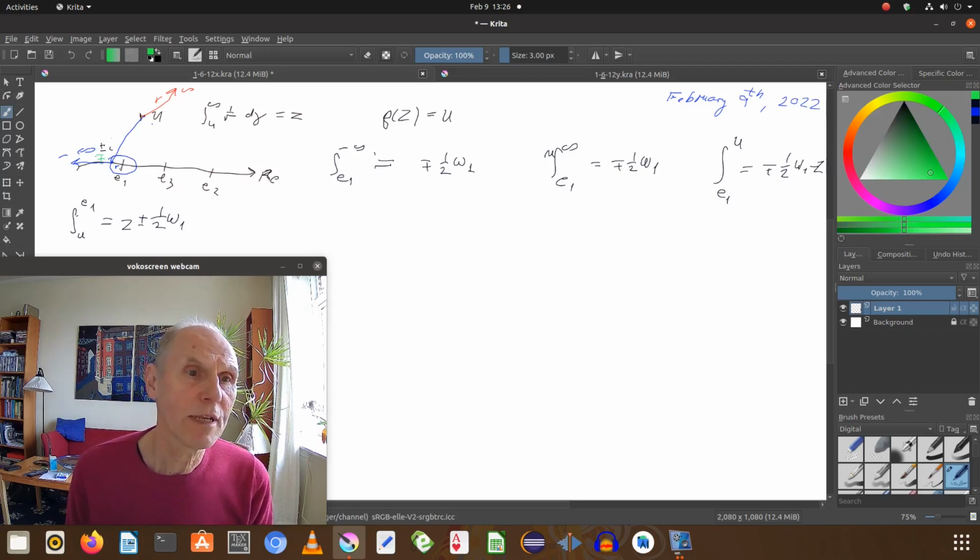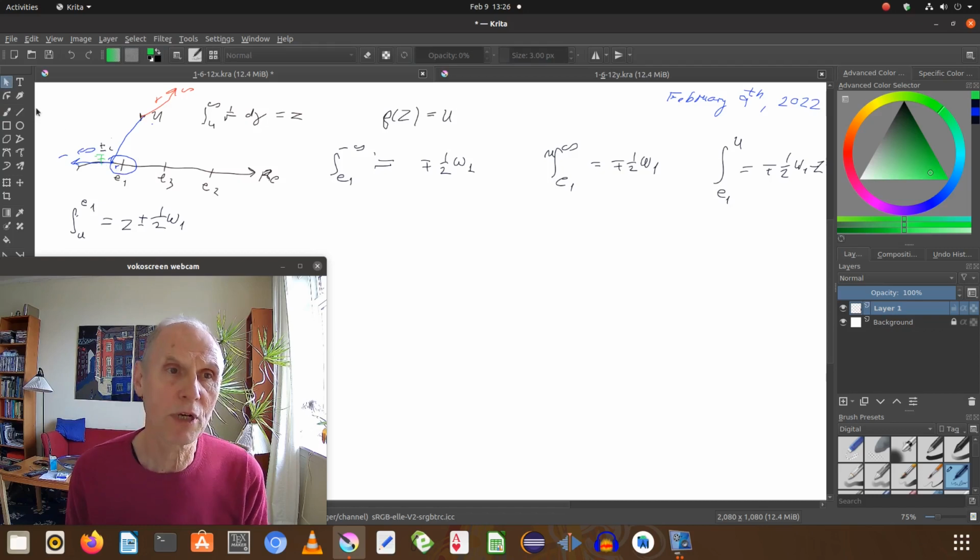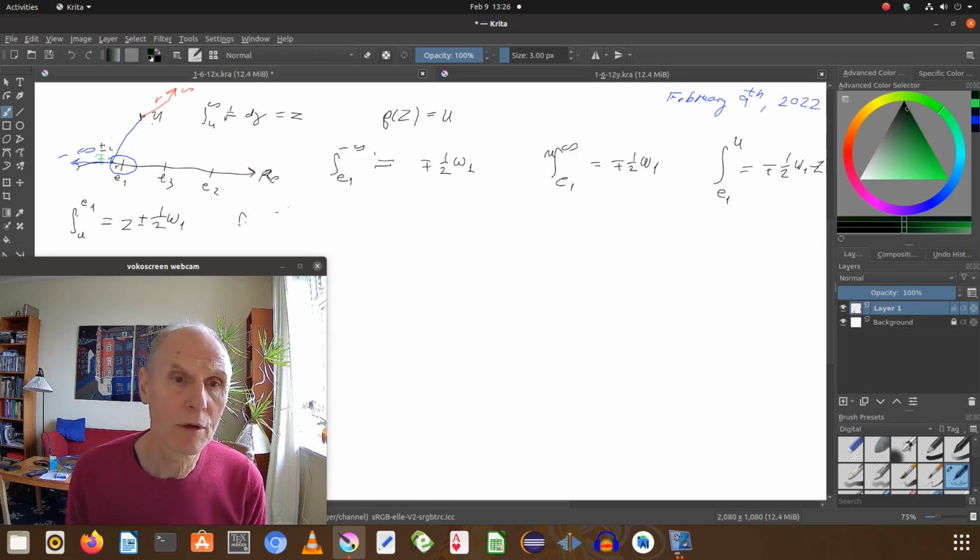And that means that the integral from e1 going out along this branch is the opposite of this one.